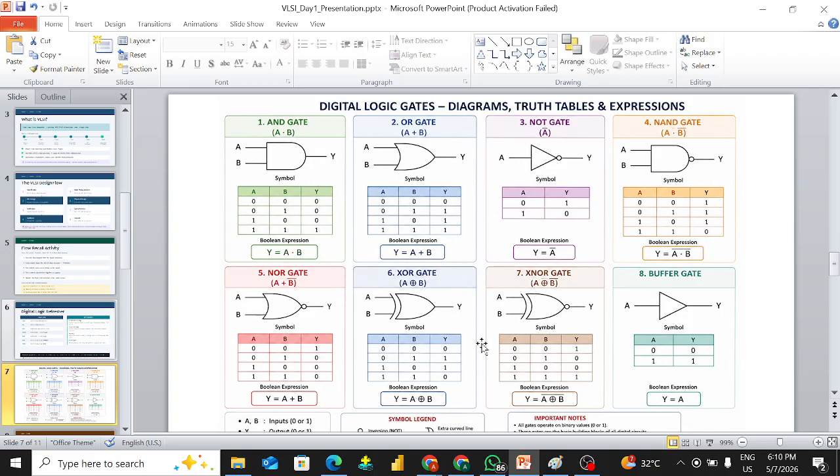What does this XNOR gate define? XNOR outputs one when the inputs are the same.